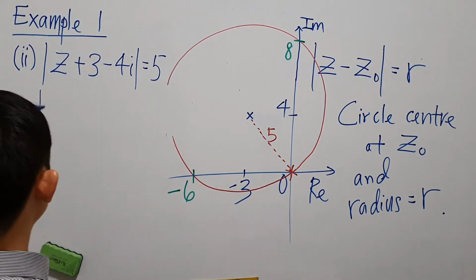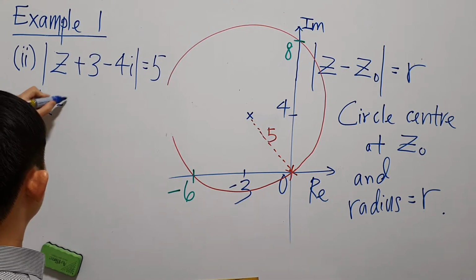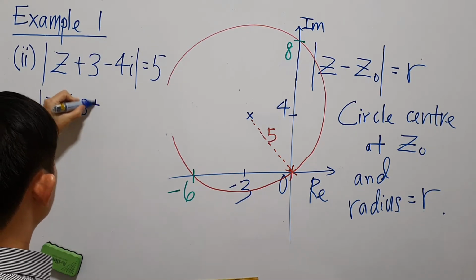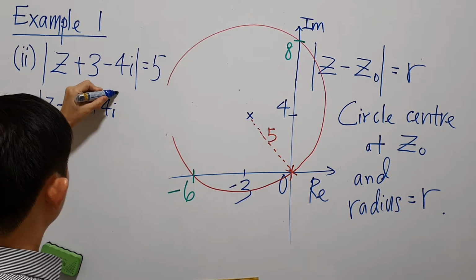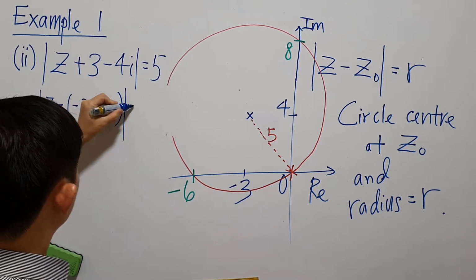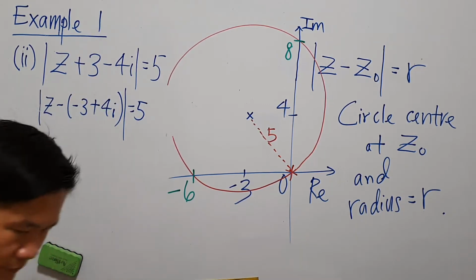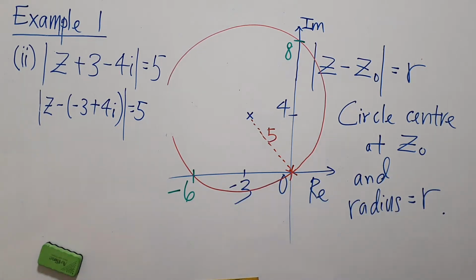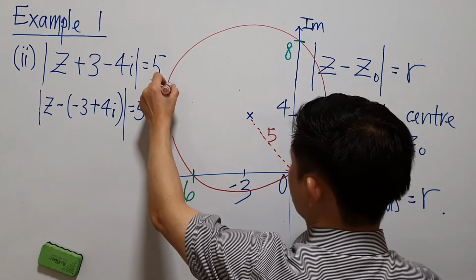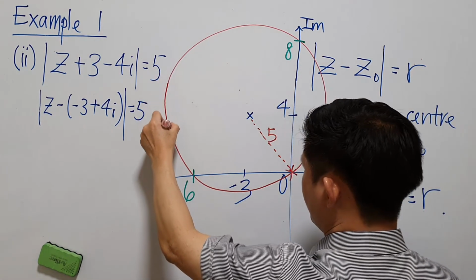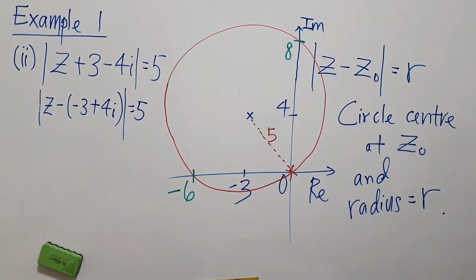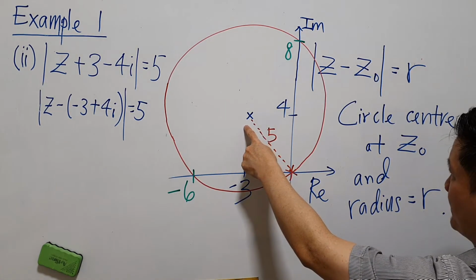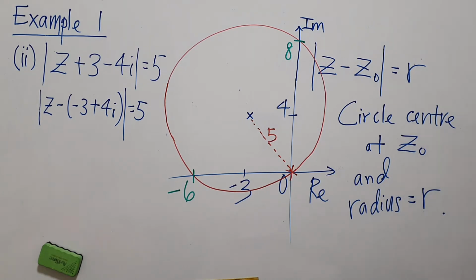Let me rewrite this as modulus of z minus (-3 plus 4i) equals 5. And let me join back the circle nicely. So what you have here is a circle, center at -3 plus 4i, and the radius is 5.